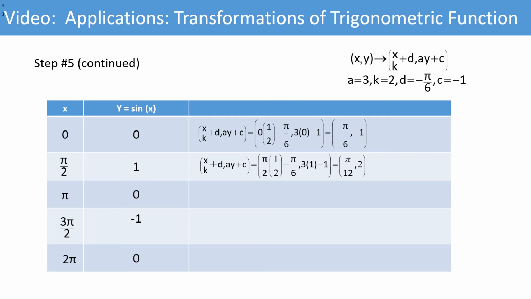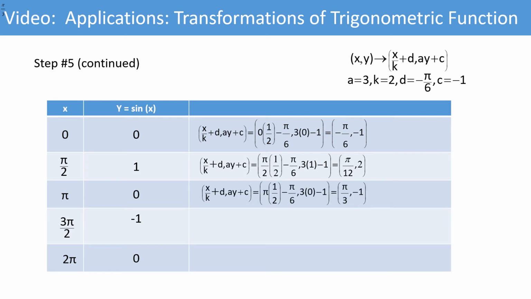Same thing for the maximum point. x is π/2, k is 1/2, d is -π/6, a is 3, y is 1, c is -1, which is (π/12, 2).